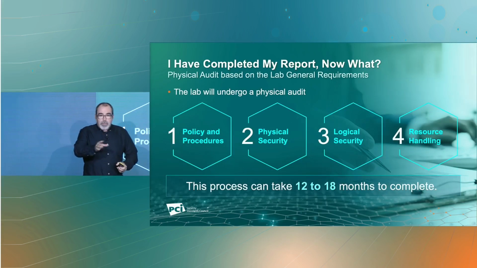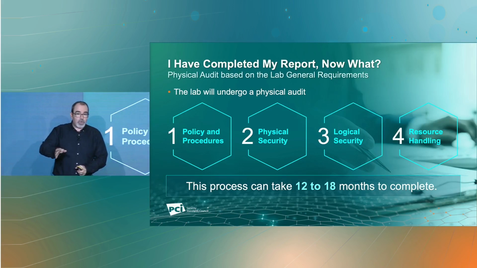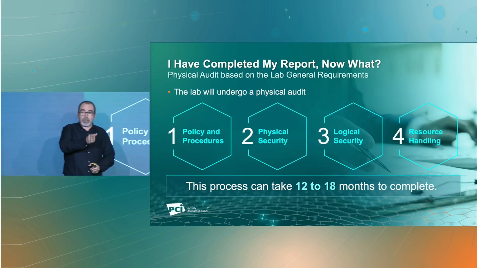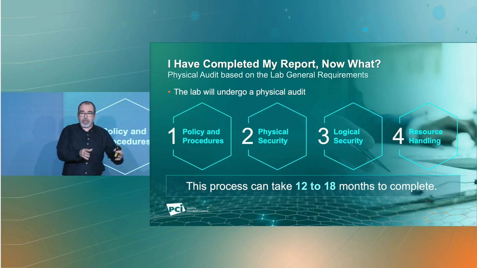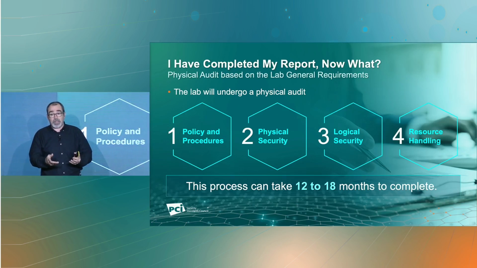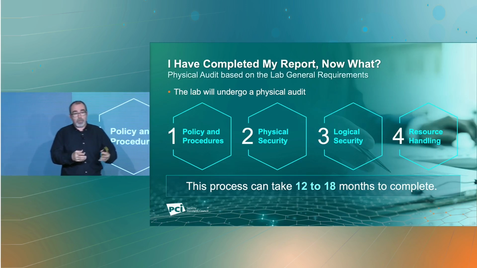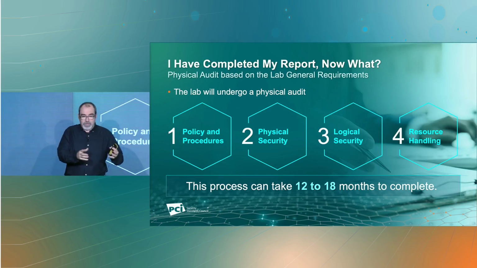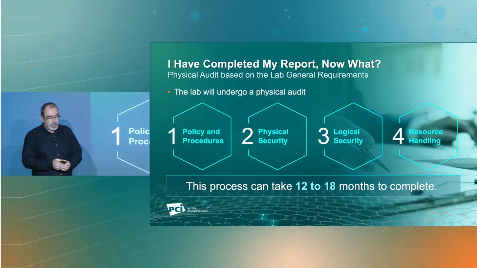So if you're a lab and you've gone through that process, what is next? Well, unfortunately, that's not the end. There are still additional requirements that exist. There needs to be policies and procedures and quality management around how you do an assessment and how you manage your staff and your technical systems, your test tools, your test samples, these sorts of things.